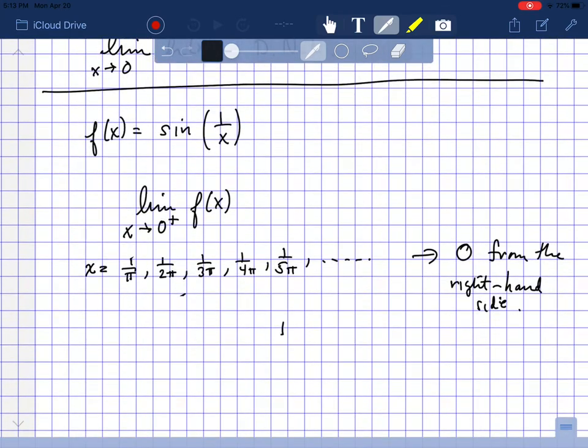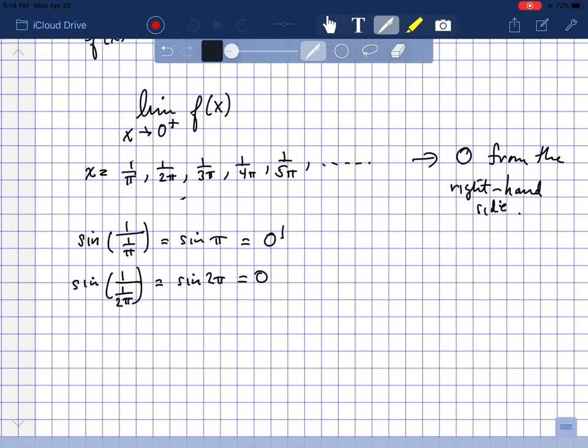Now, let's compute. So the sine of 1 over 1 over pi is equal to the sine of pi, and that we know is equal to 0. And then I have the sine of 1 over 1 over 2 pi. This is equal to the sine of 2 pi, and this is equal to 0.